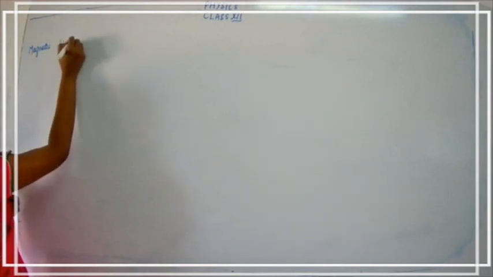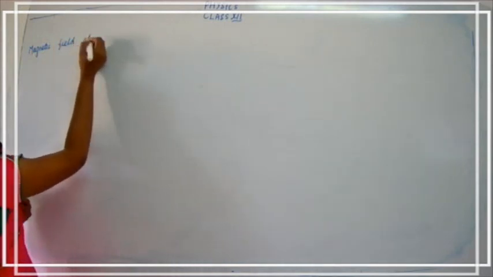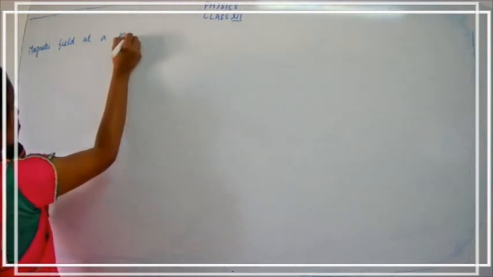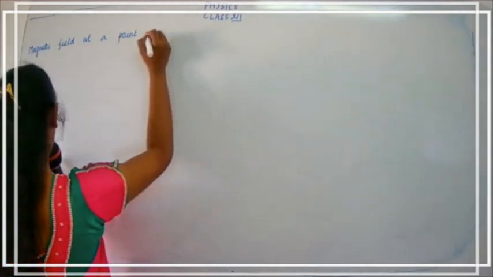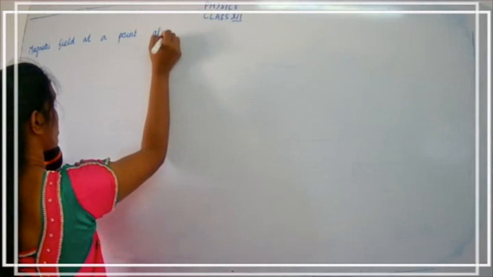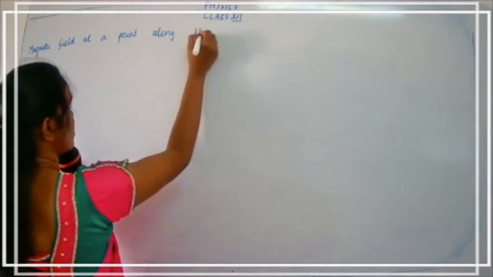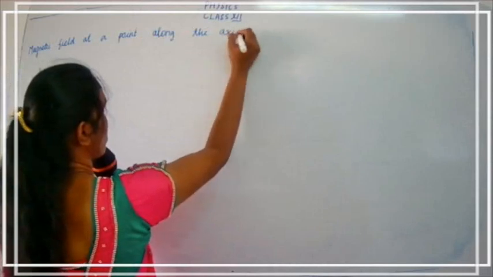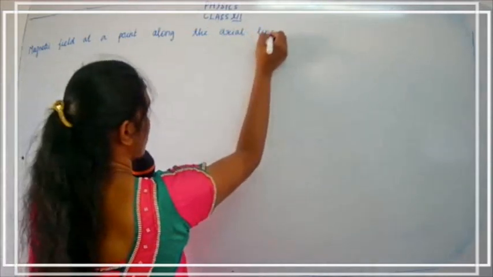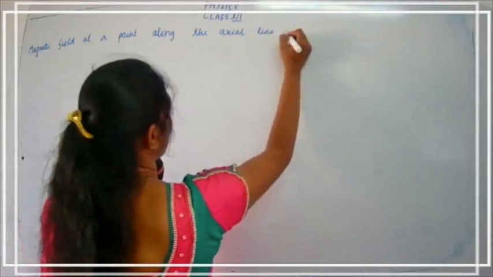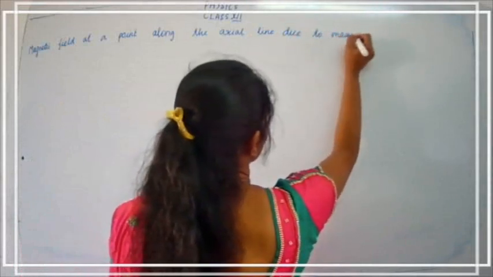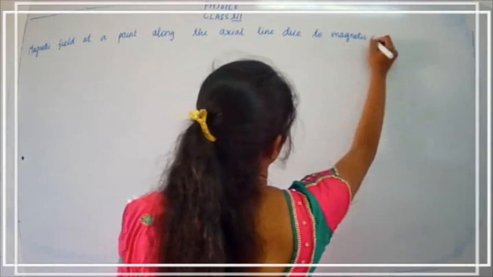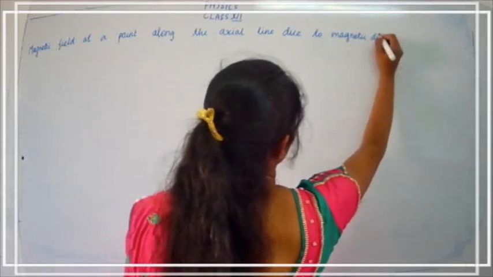Magnetic field at a point. We are going to find the magnetic field at a point C along the axial line due to a magnetic dipole.